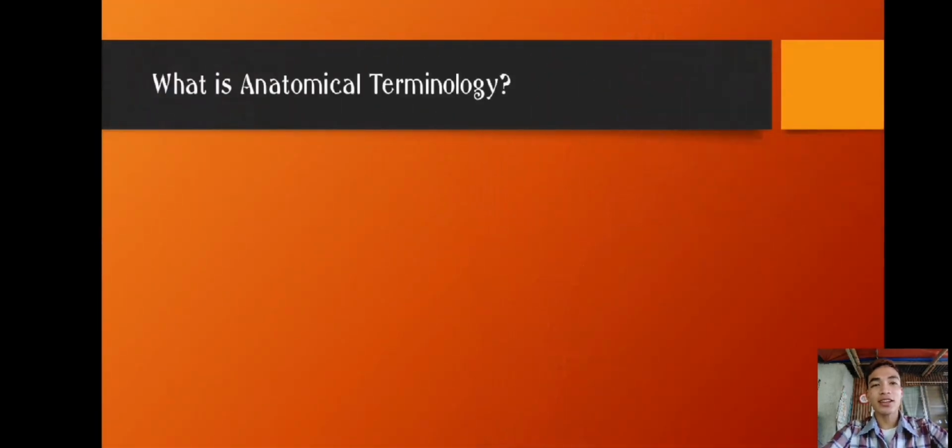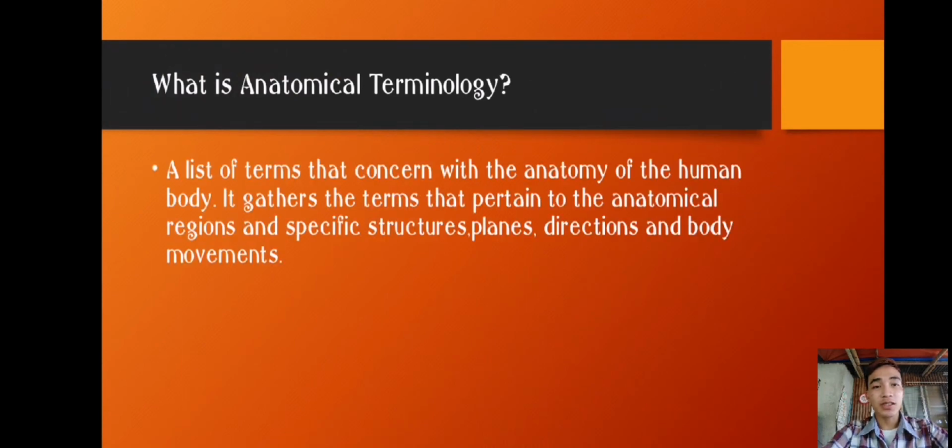So what is anatomical terminology? A list of terms that concern with the anatomy of the human body. It gathers the terms that pertain to the anatomical regions and specific structures, planes, directions, and body movements.